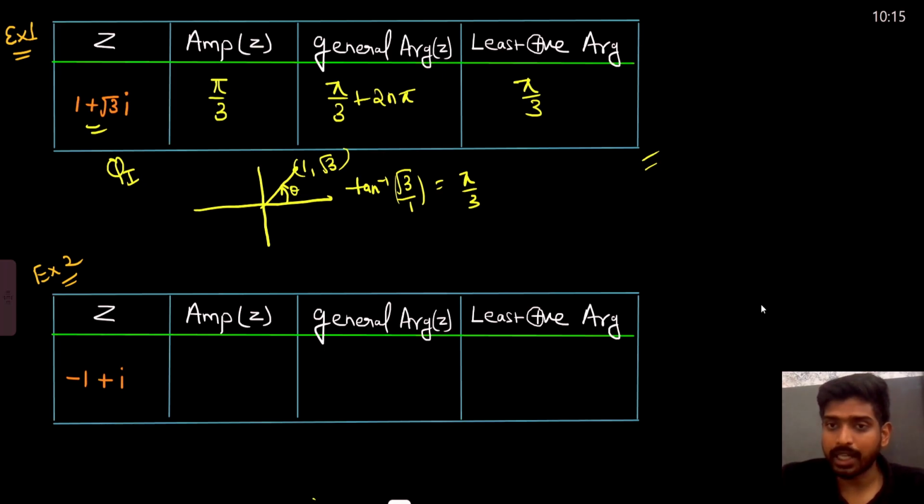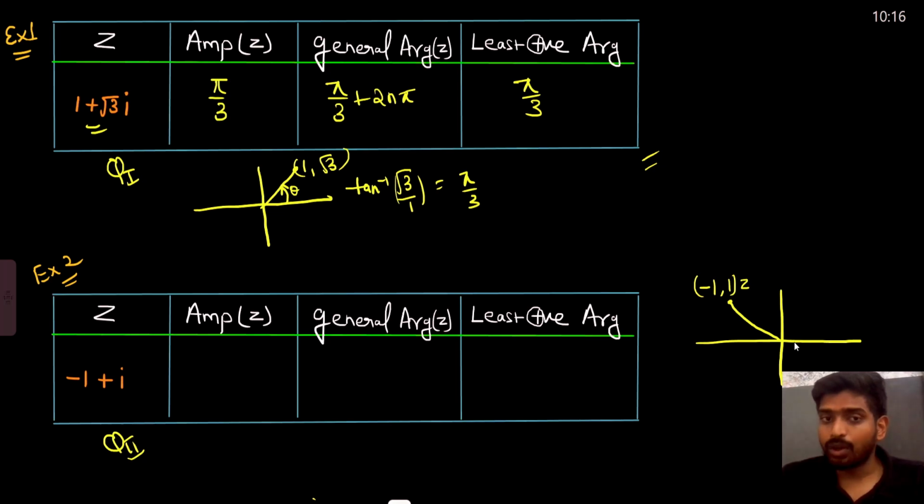Minus 1 plus iota. Tell me, minus 1 plus iota is in which quadrant? The first step to find argument is we'll identify the quadrant. So minus 1 plus iota is in which quadrant? It is in second quadrant, right? Here I am having my complex number z, which is minus 1 comma 1, in second quadrant.